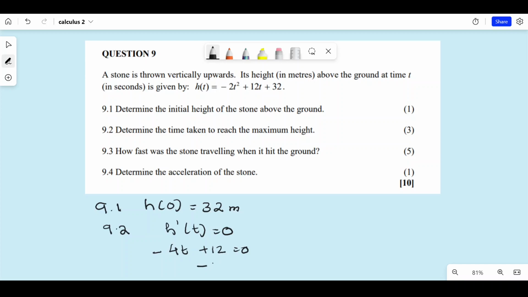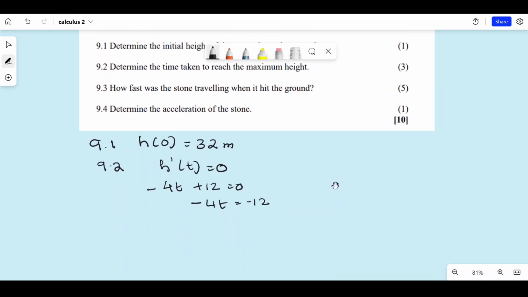That means negative 4t equals negative 12, or t equals 3. So that's the answer for 9.2, t equal to 3 seconds.